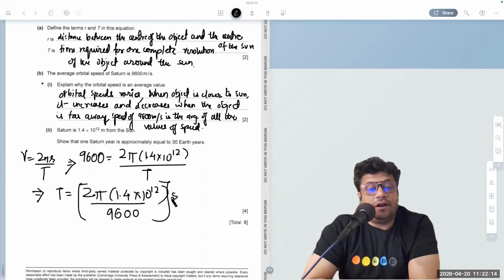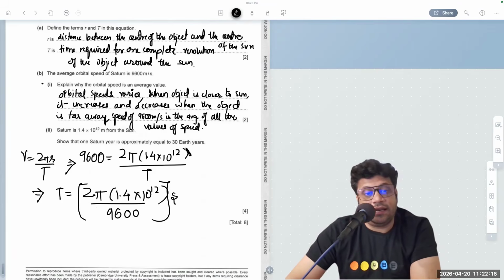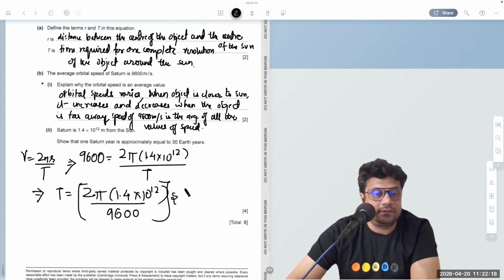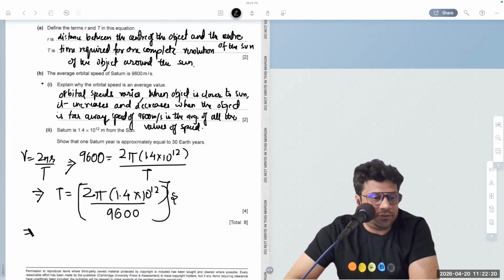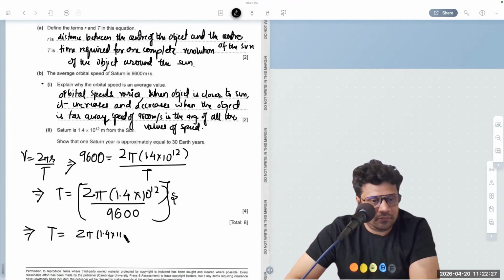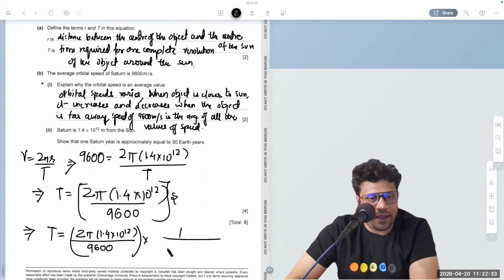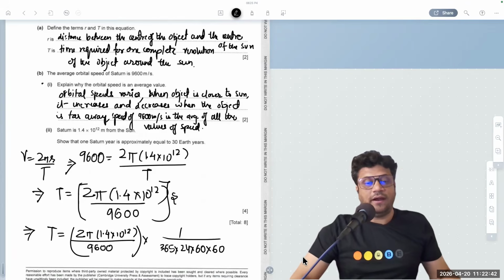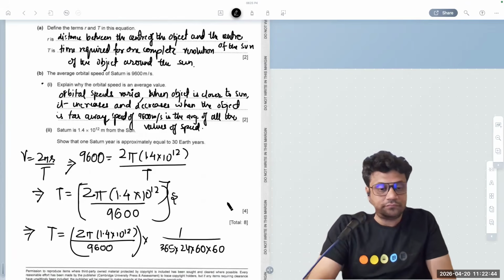Now we're going to have to convert it into years to see if it comes out to be 30 years. Okay, so time would come out to be whatever that is in seconds multiplied by 1 by 365 into 24 into 60 into 60. So that must come out to be around 30. Let's see.